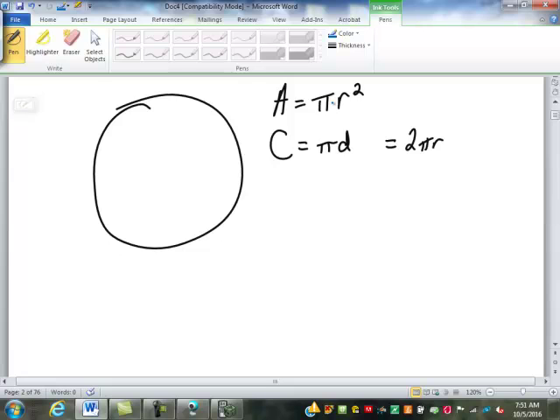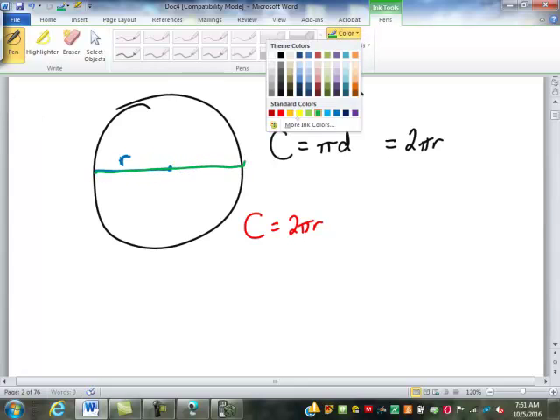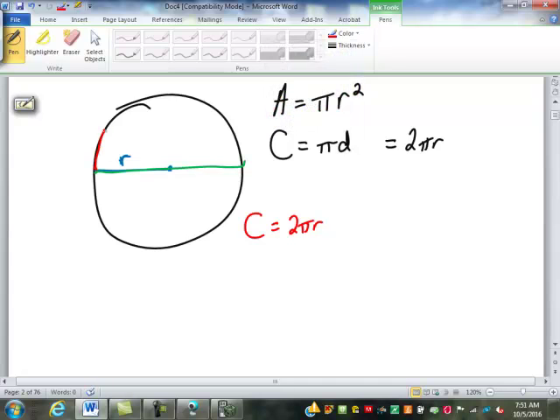So if I have a circle with radius r, the circumference of that circle all the way around is 2 times pi times r. If I cut that circle in half, what is the distance around half of the circle?